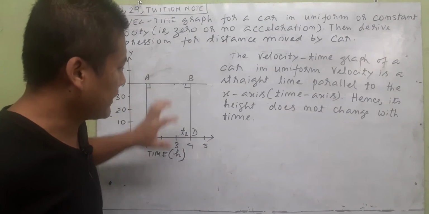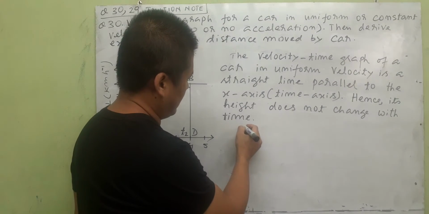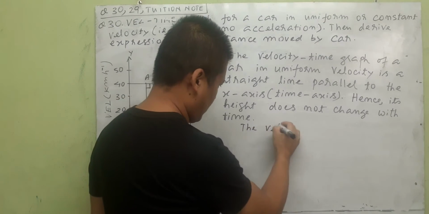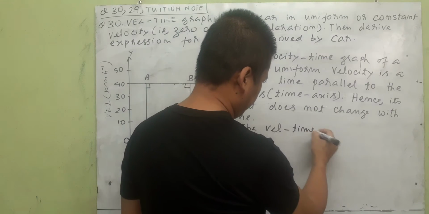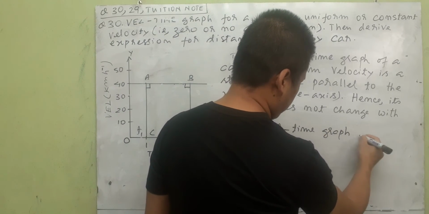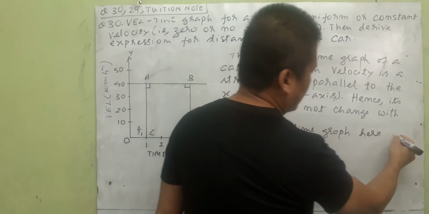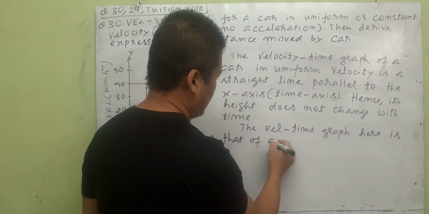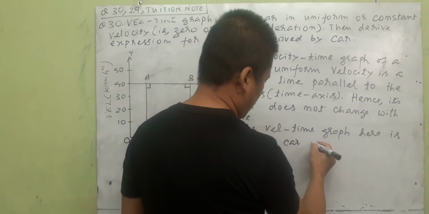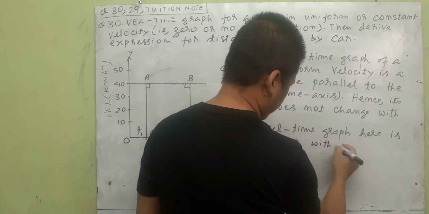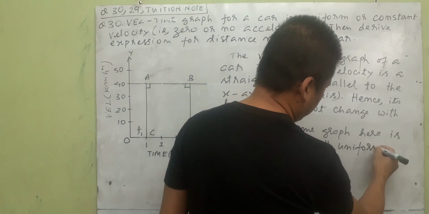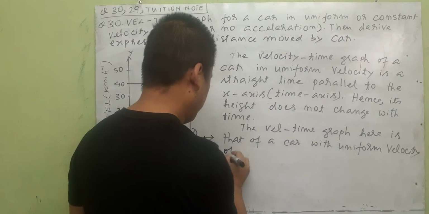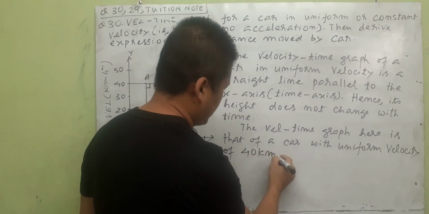So before we go and find that, the velocity time graph here that we have drawn is that of a car with uniform velocity of 40 km/h.